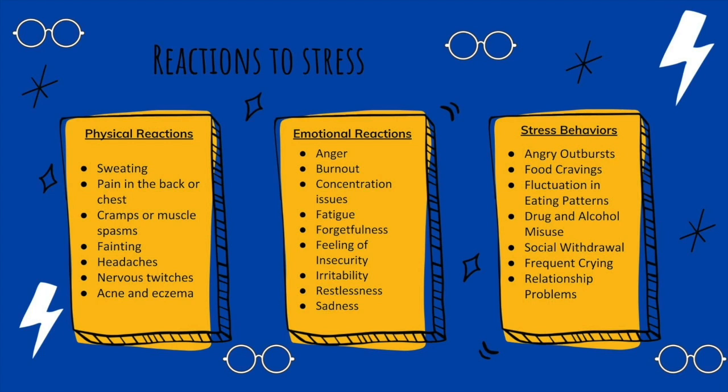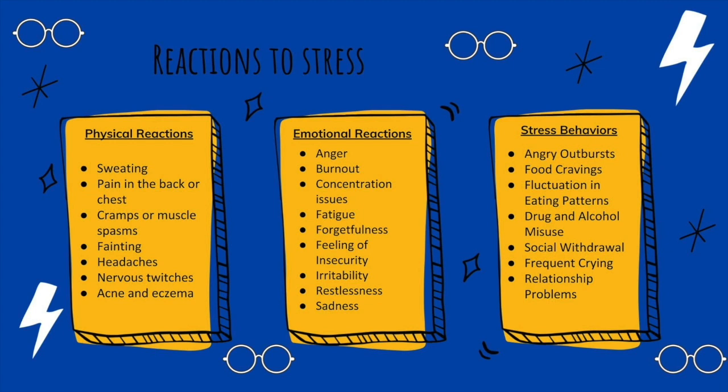Our emotional reactions to stress look like anger, burnout, concentration issues, fatigue, forgetfulness, insecurity, irritability, restlessness, and sadness, which are all common presentations of stress. Finally, some common behaviors you might notice when you are stressed are angry outbursts, food cravings, fluctuations in eating patterns, drug and alcohol misuse, social withdrawal, frequent crying, and relationship problems.